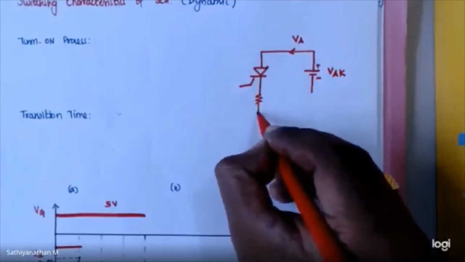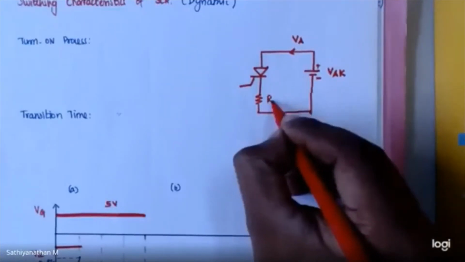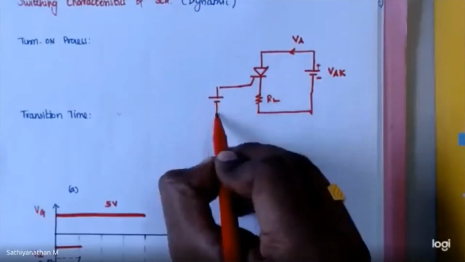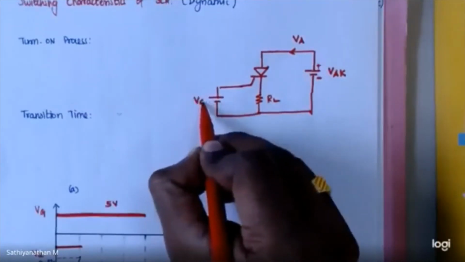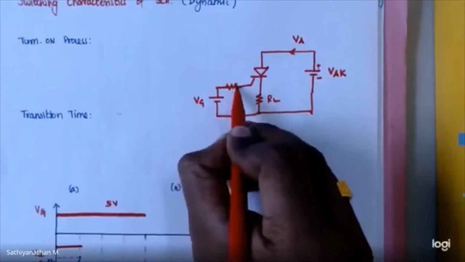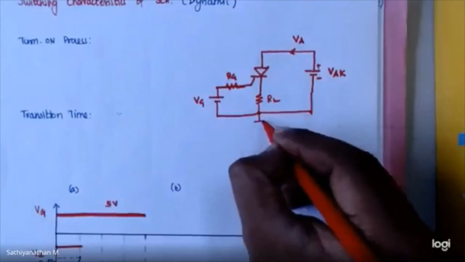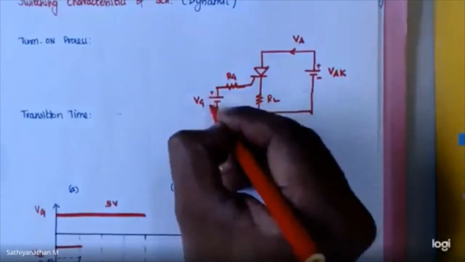And you can connect a load. Here you are applying an external source called gate voltage. It can be limited by using a gate resistance, a limiting resistor. So this is your circuit, right?